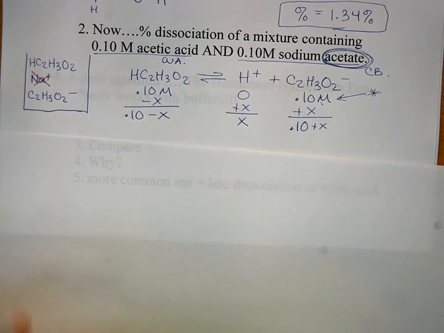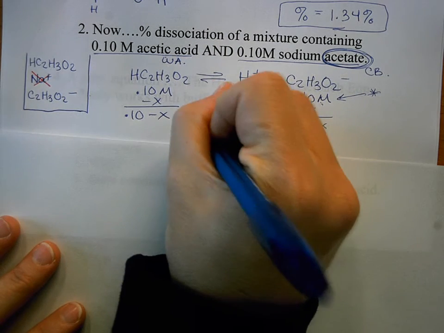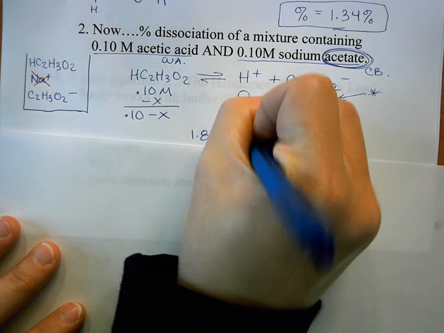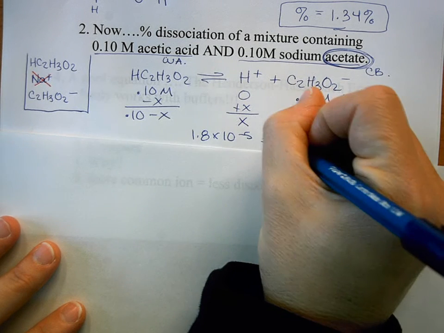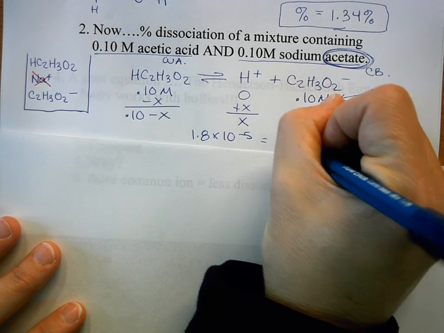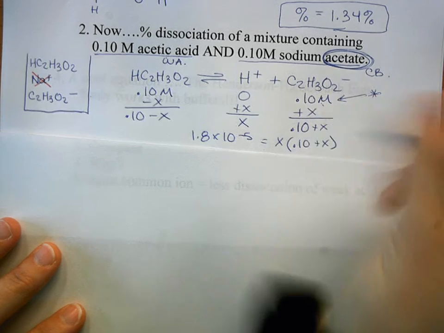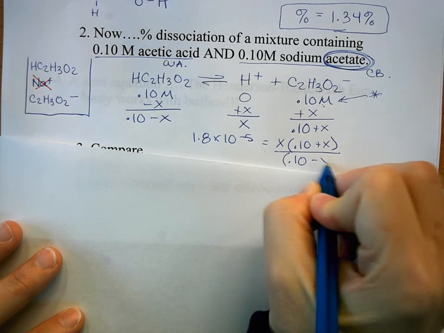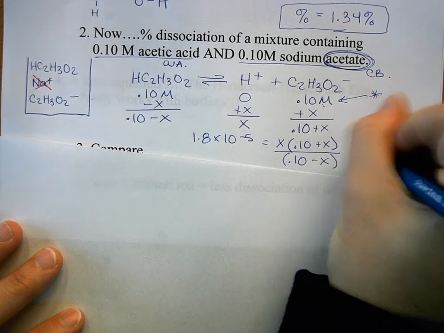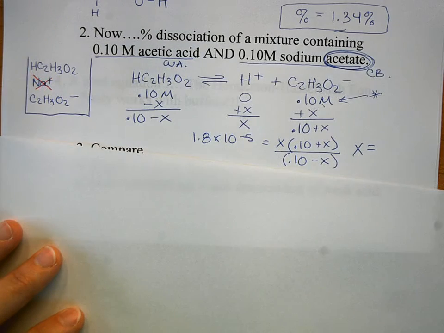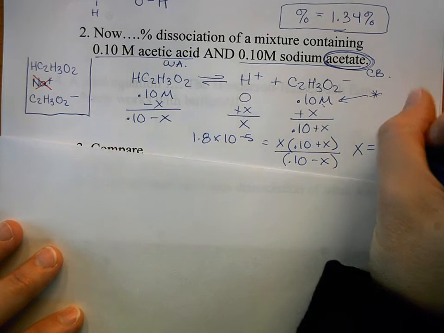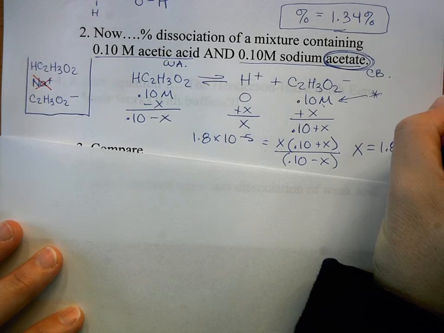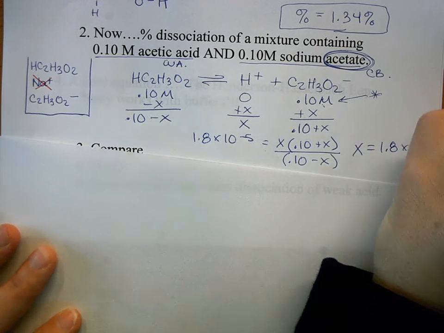My Ka is 1.8 times 10 to the negative 5 equals x times 0.10 plus x over 0.10 minus x. You should be good at solving for x by now, and you should see that x is equal to 1.8 times 10 to the negative 5.